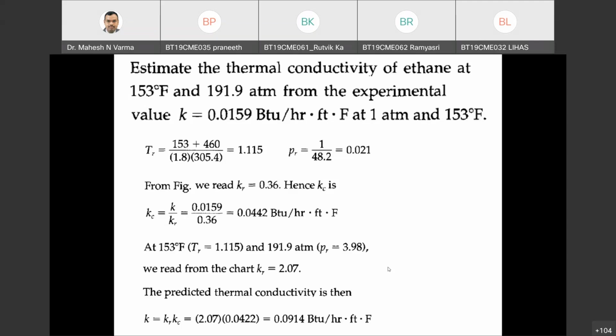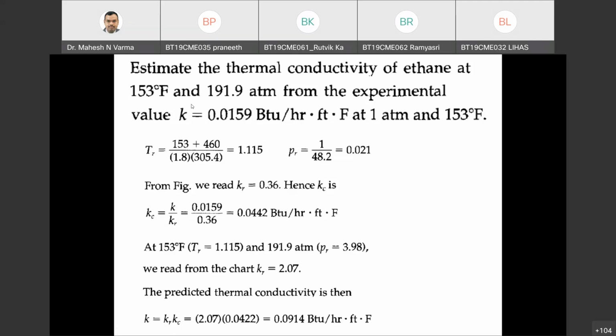Certainly you can get the critical temperature, the critical pressure, and even the critical thermal conductivity from a data book. But as in this problem one thermal conductivity was given, if I use the critical value of thermal conductivity from the data book, then what is the necessity of the given data?